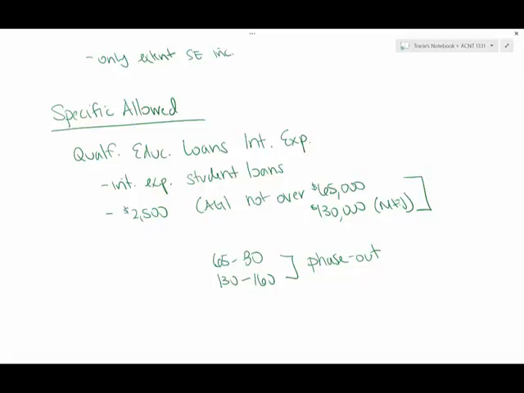Essentially all a phase out is, it is a reduction of the amount of the deduction allowed, and a phase out will reduce the deduction all the way down to zero. So for example, once a taxpayer gets over $80,000, there's no deduction allowed for student interest expense. We're going to work a problem at the end of this video that walks you through how to do the phase out. So we'll go through and look at that calculation.